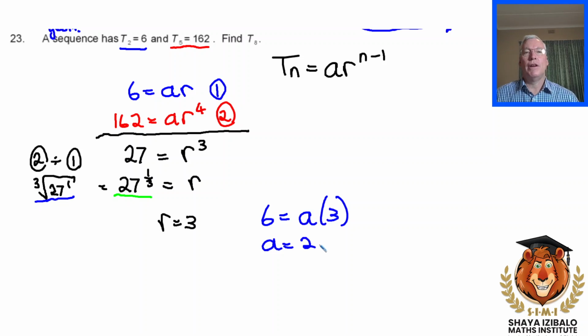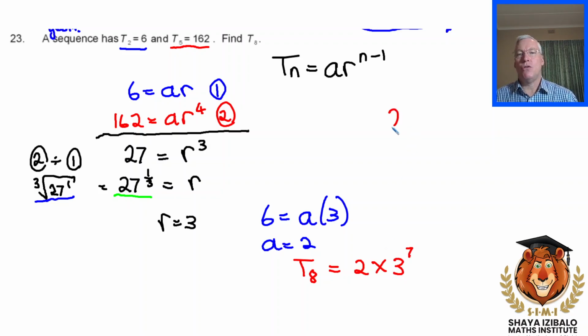All right, I'm not finished. They ask us to find T8. We're just going to use our formula for T8. T8 is just going to be a times r, which is 2 times 3 to the 7. Now just be careful here. Do not multiply the 2 by the 3.